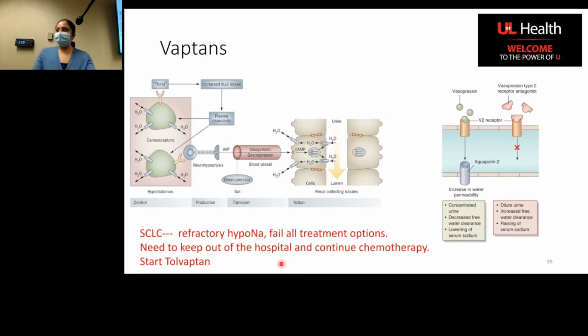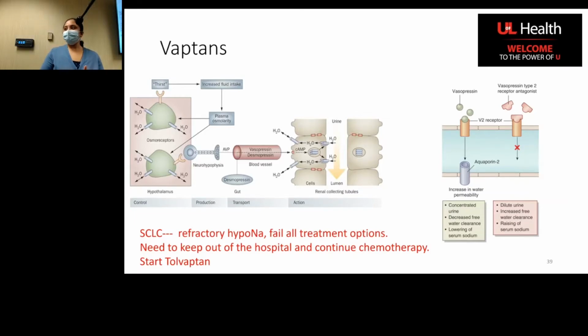As I was telling earlier, small cell lung cancer patients having high ADH release are very, very difficult to treat. Dr. Ward is probably familiar with one of the cases we had, but really refractory hyponatremia that failed all treatment options for the patient that we had, including demeclocycline, high-dose salt tablets, everything.